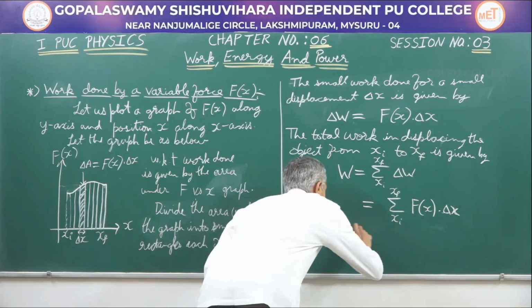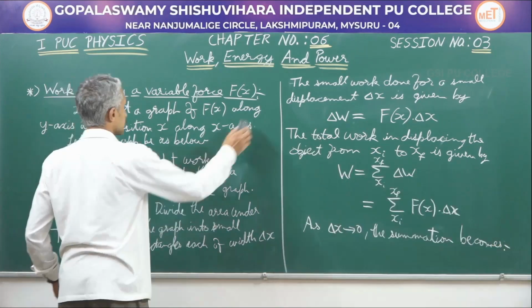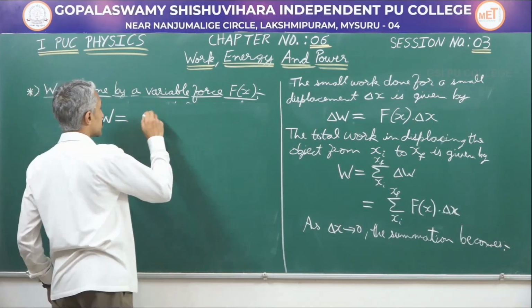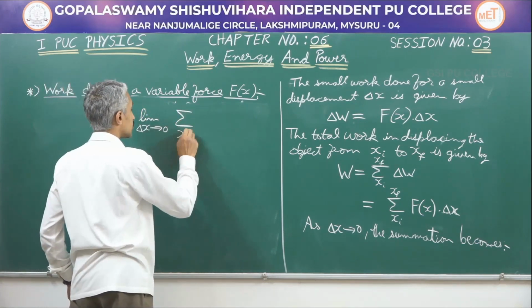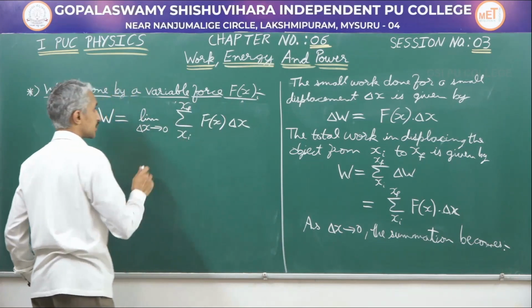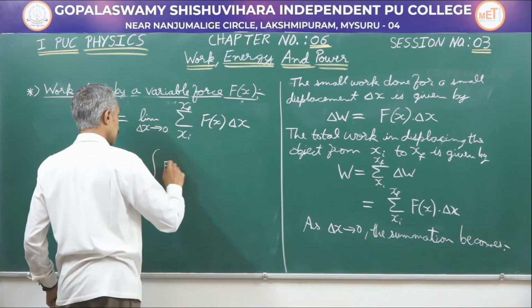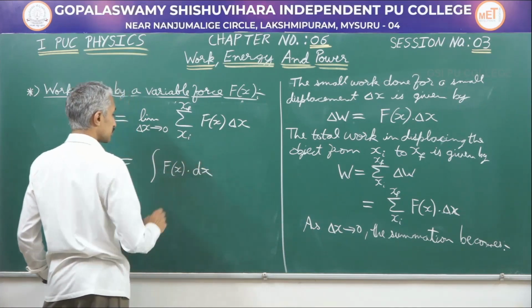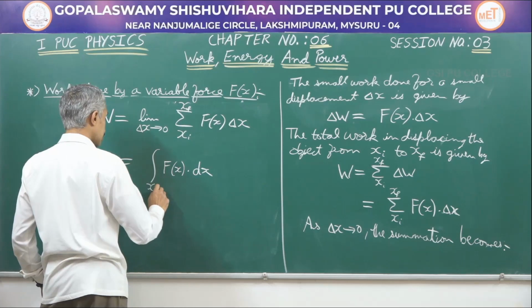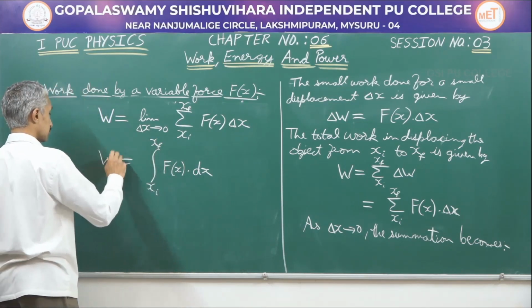As delta x tends to 0, the work done is going to be equal to the limit of the summation of the work done from position xi to xf, and this is nothing but integration of F dx. Delta x becomes dx, and the integration is from the initial position xi to the final position xf.